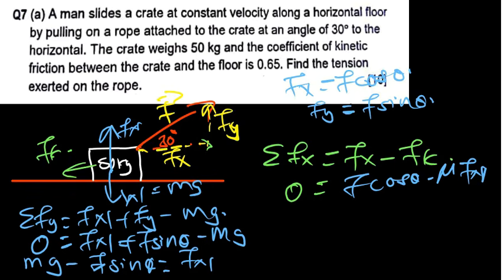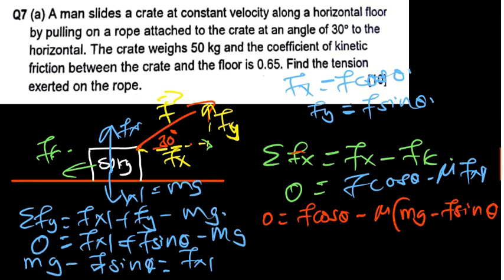So where there is Fn in this equation, we're going to replace it with mg minus F sin theta. So I'm going to say 0 is going to be equal to F cos theta minus mu, where there's Fn I'm going to put mg minus F sin theta.